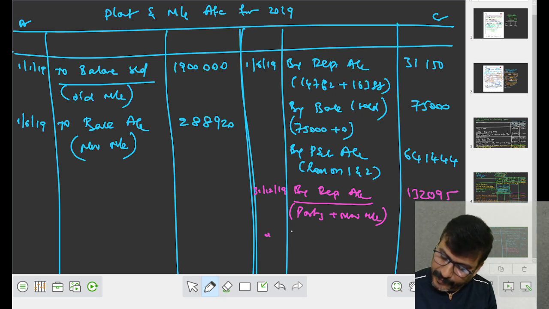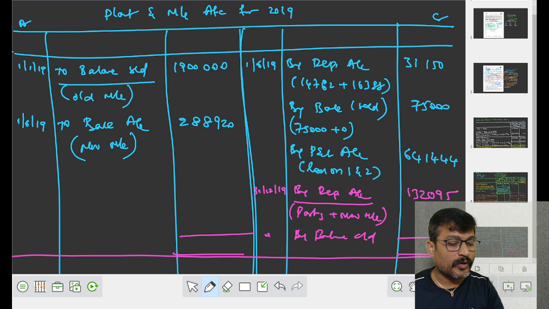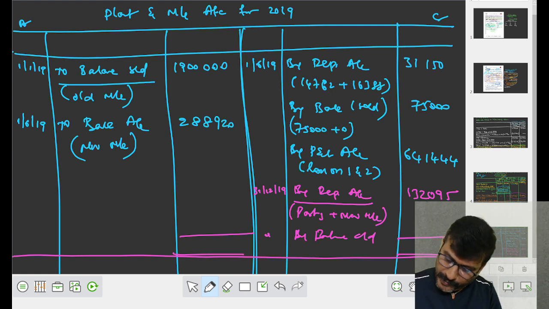Then at the same date, we have to go for by balance carry down. Work out the total of both the sides, it comes to rupees 21,88,920.